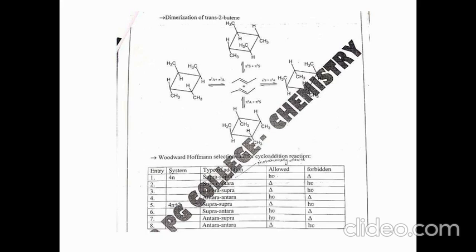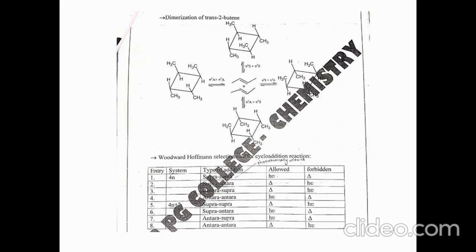Now come to pi2a plus pi2s. It is also pi2a, so the first component will be antarafacial: if we start from trans-2-butene, it will end up with the two methyl groups on the same side. Then for the other component, pi2s, S means suprafacial, so the methyl groups will be trans. With this, all the different types of cycloaddition reactions we have finished.